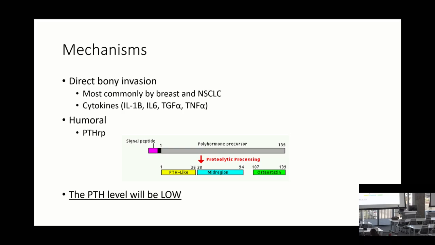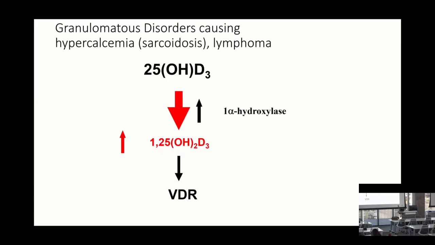So because you're activating the PTH receptor to cause increased calcium, the PTH level will be low. The native PTH is going to be low. So it's one of the causes of non-PTH mediated hypercalcemia. Does that make sense? Okay.